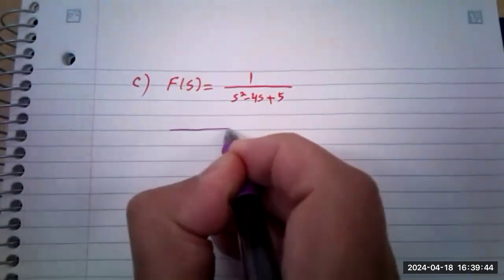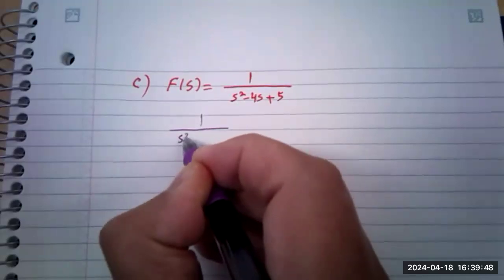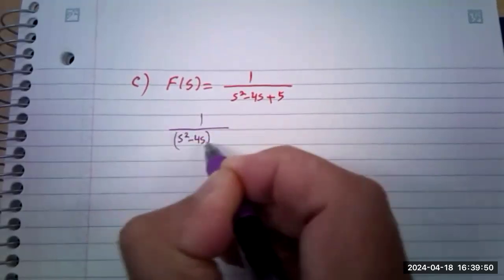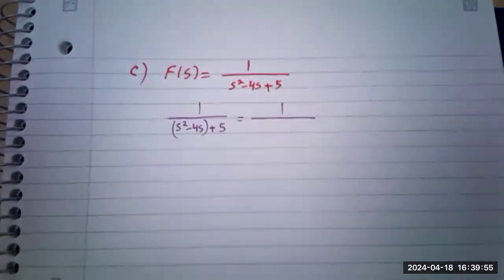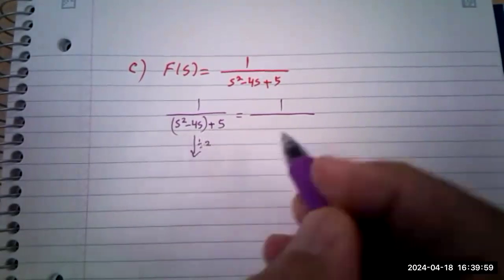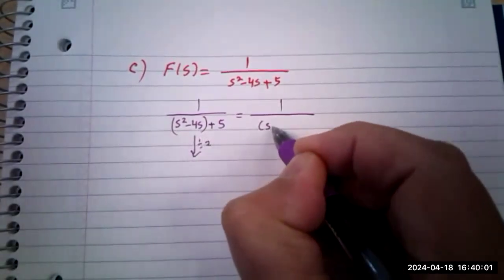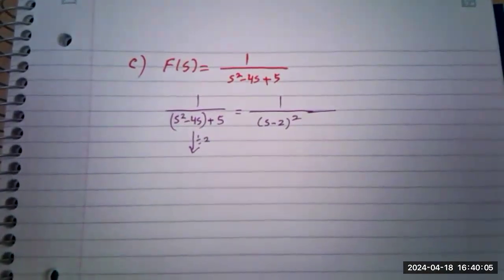So this is the way you are going to look into it. It's going to be 1 over s squared minus 4s plus 5. Remember the way we do it, we divide this coefficient by 2. That gives you negative 2. So you write s minus 2 all squared. But now you owe something.